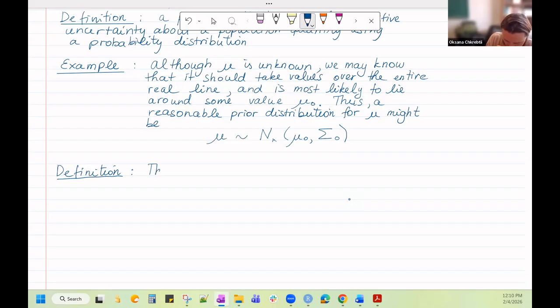The posterior distribution has the following density.